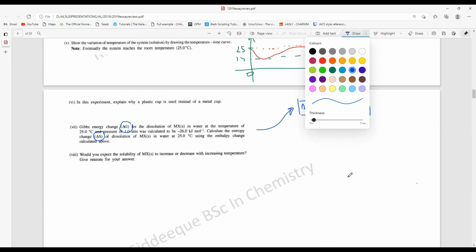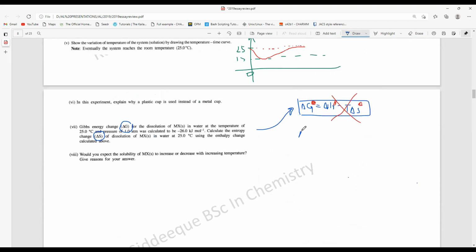So when you are answering this question, you need to use the equation delta G is equal to delta H minus T delta S. So delta G is given, I guess, minus 26 kilojoule per mole.